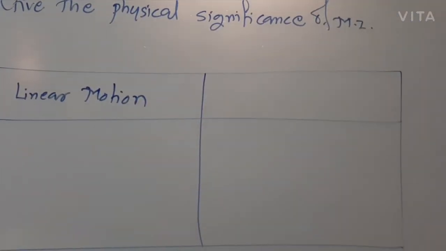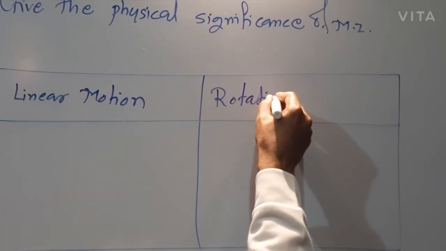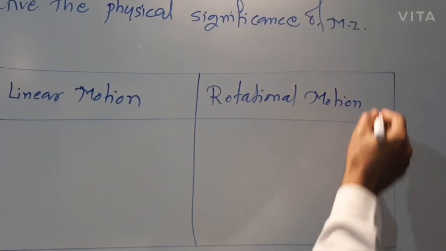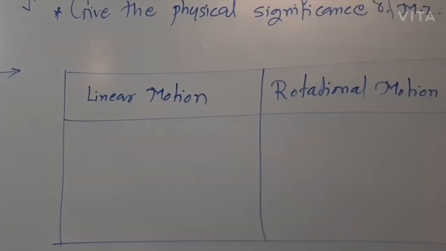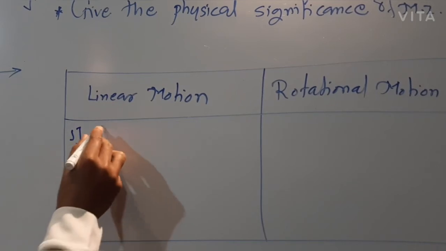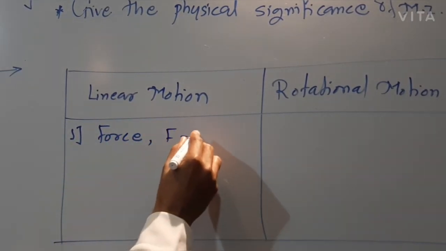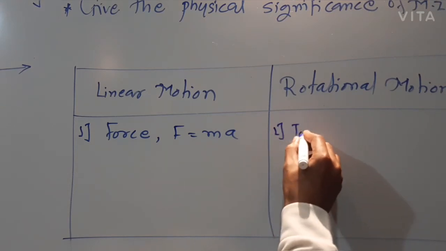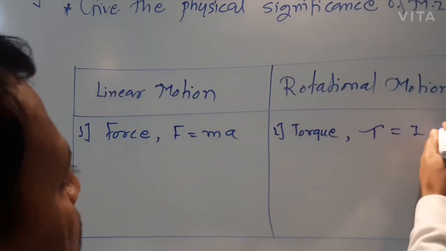The first physical quantity is force, force equals mass into acceleration. Here the first quantity is torque, and the torque tau is equal to I into alpha.